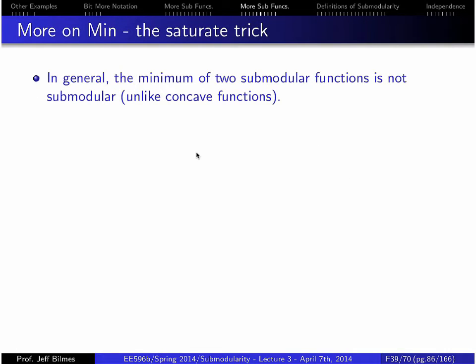Now, this is actually useful for a number of other reasons. There's something called the min trick or the saturation trick. In applications, let's say that you have two functions which measure different notions of diversity, and you want to make sure you're diverse with respect to both. For example, I've got an urn, and I always laugh when I think about balls and urns.